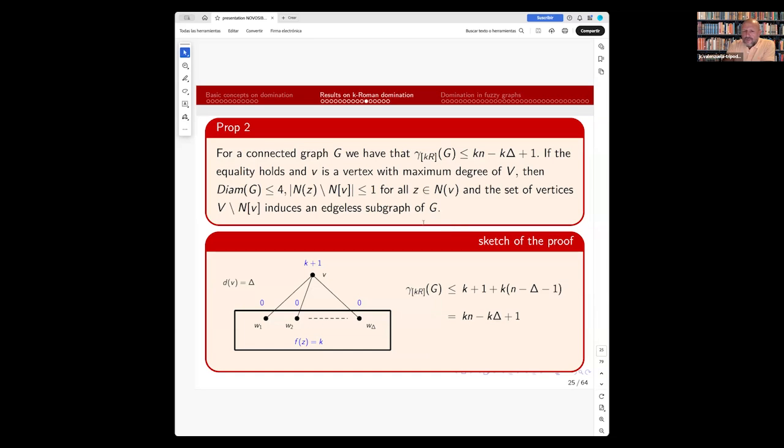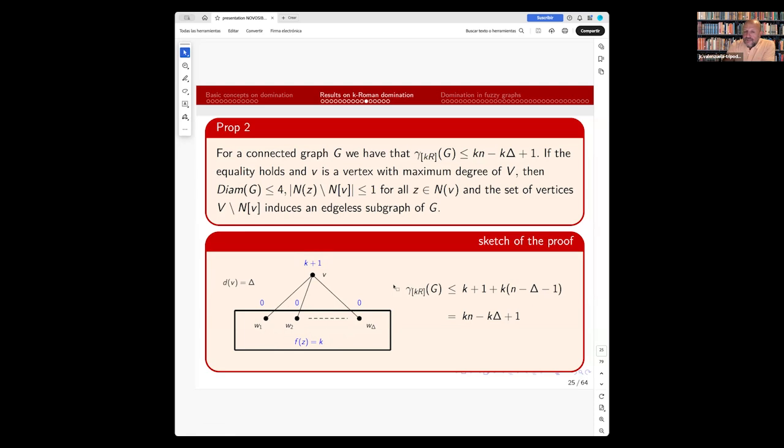To prove this bound, we consider a vertex of maximum degree, vertex B, and we define a k-Roman dominating function as follows. We assign to this vertex with maximum degree the label k+1. To all of its neighbors, we assign the label 0. And for the remaining vertices in the graph, all of them will have the label k.